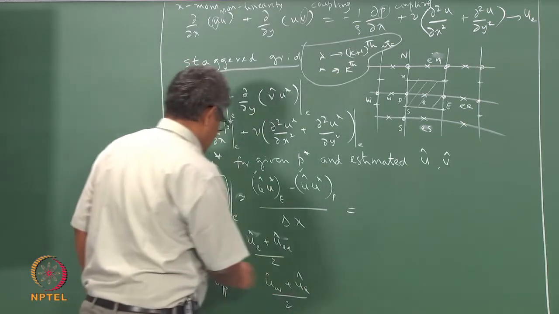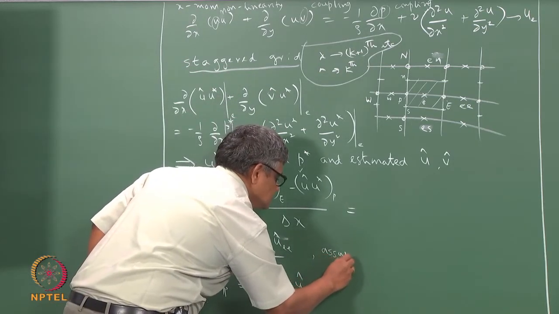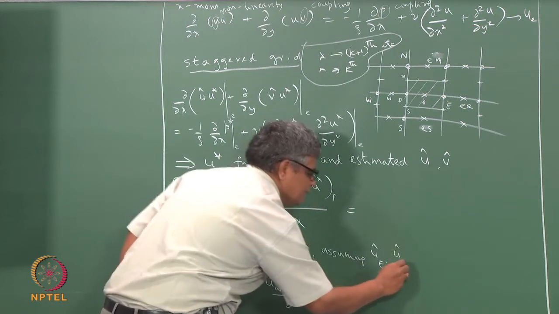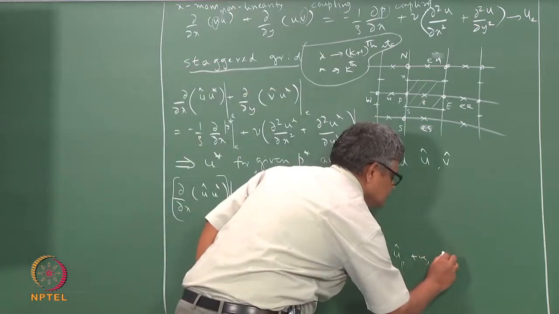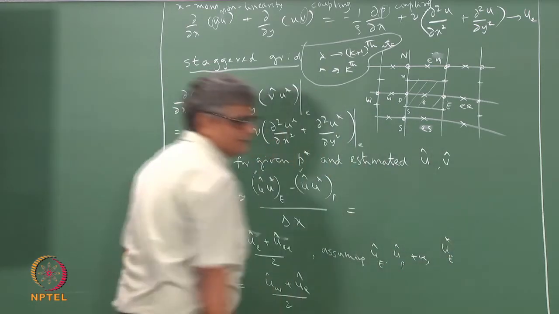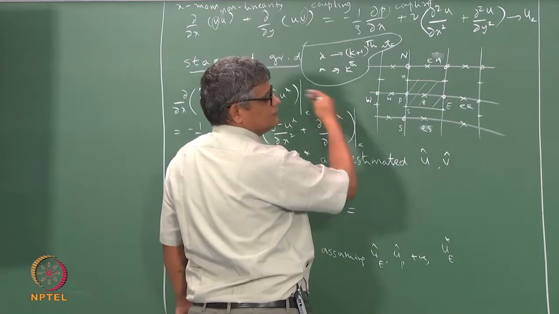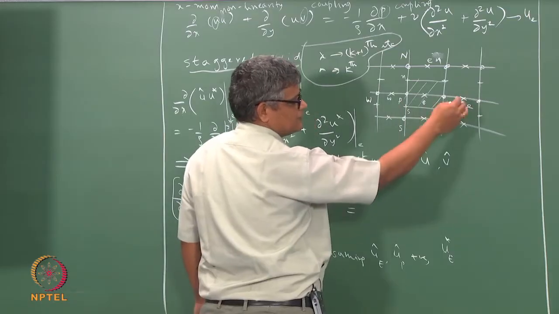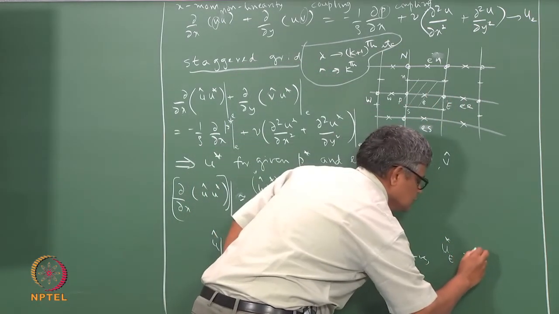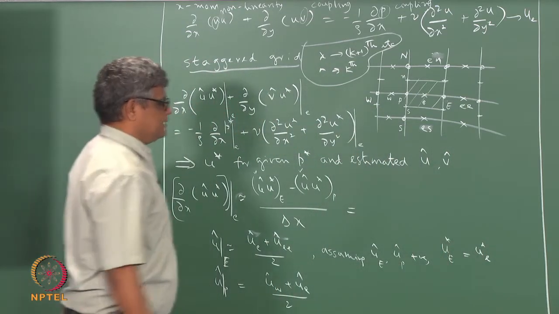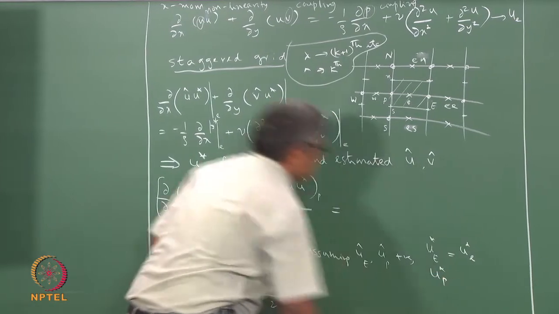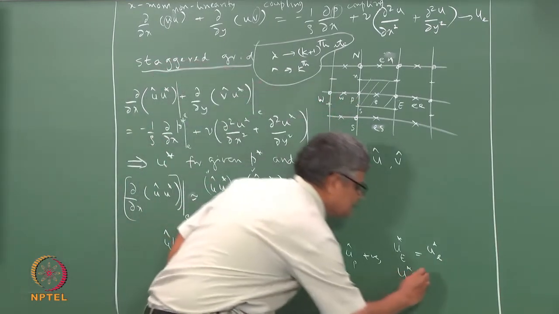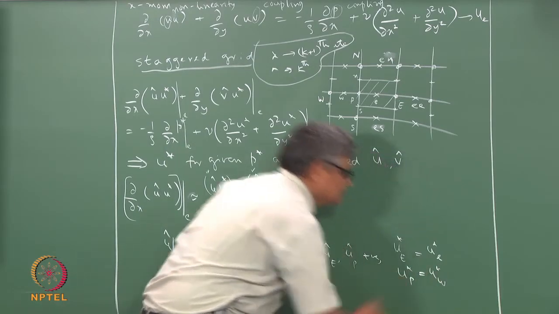So assuming u hat at E and u hat at P to be positive, so the flow is going in this direction, the advected velocity for u star at capital E is UE, and similarly for u star at capital P, the advected velocity component is the velocity coming from the nearest neighbor here, which is u star W.